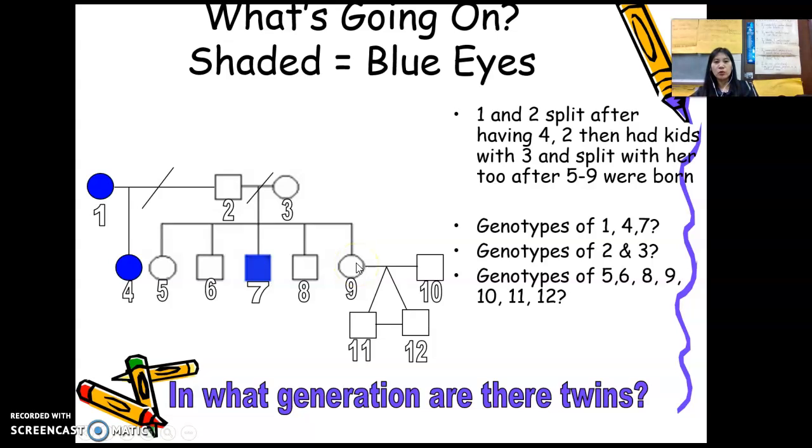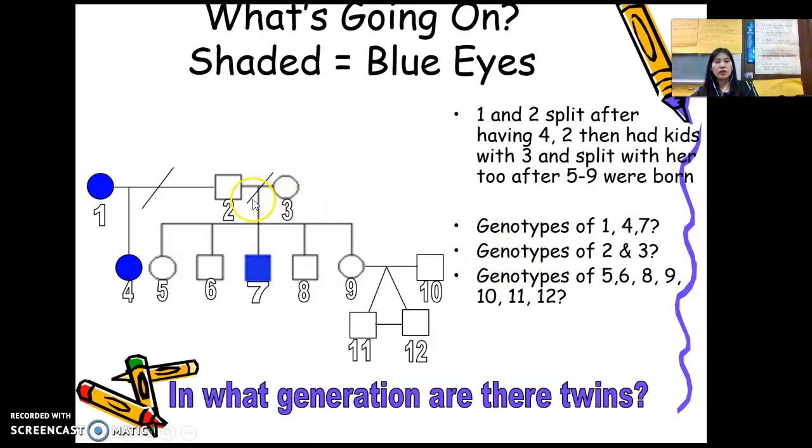So 5 to 9 were born, and then individuals 1, 4, and 7. What are they? They are those affected individuals. While individuals 2 and 3, they are what? They are husband and wife. Right?